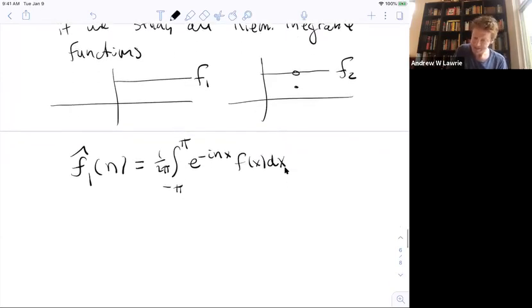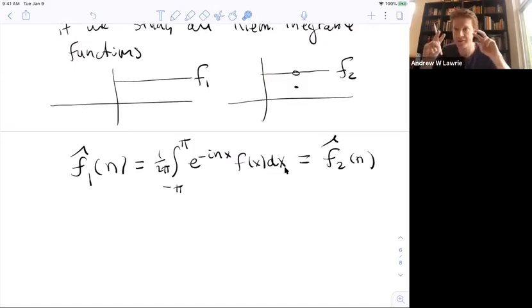And I claim this is also equal to f hat 2 of n, right? Because all I'm doing in this integral is multiplying by e to the i n x. And if you think about how I would compute the Riemann integral of f2, I compute it up to right here. I just ignore this one point, which integrates to 0, remember, a single point, and integrate here as well.